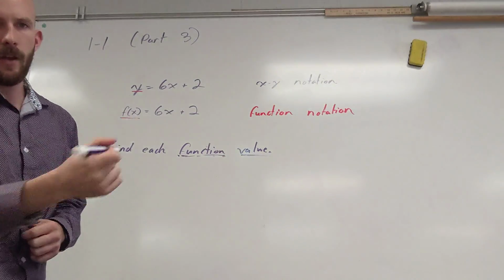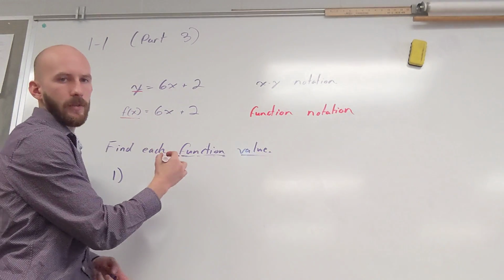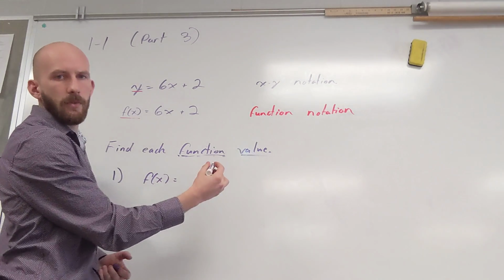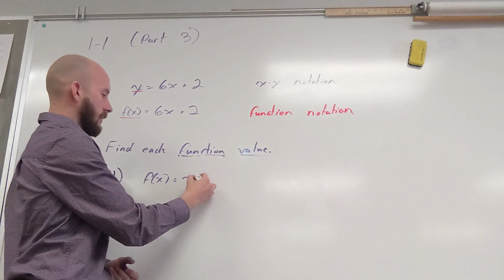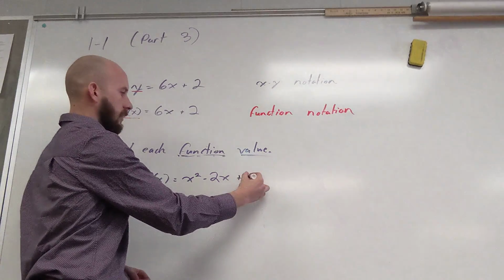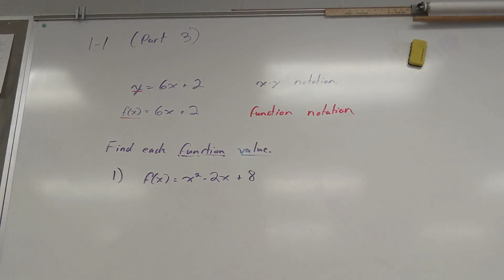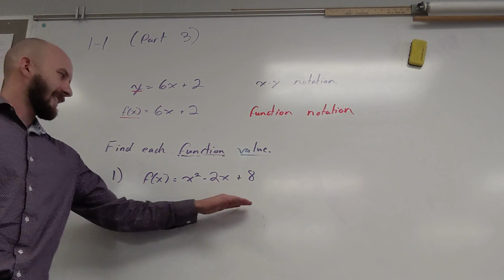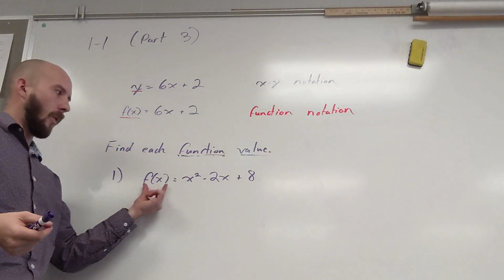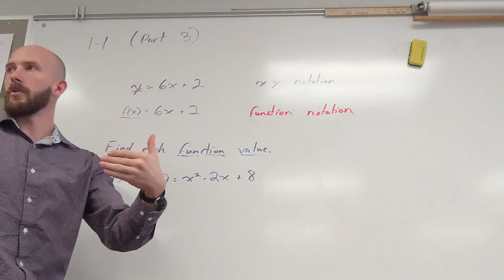So that's going to look something like this. It'll give you a function: x squared minus 2x plus 8. This is really just like a general equation, the same as if it said y equals x squared minus 2x plus 8.